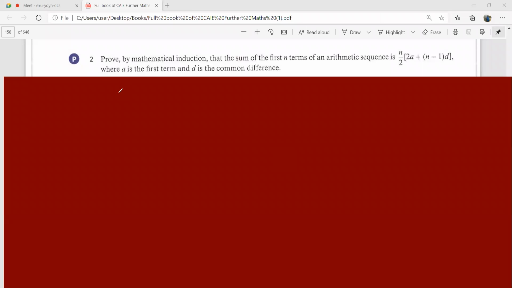Okay, we have this question on proof by mathematical induction. The sum of the first n numbers of an AP is this. You can write it like this: the sum from r equal to 1 to n of a_r is going to be n by 2 into (2a plus (n minus 1) into d).